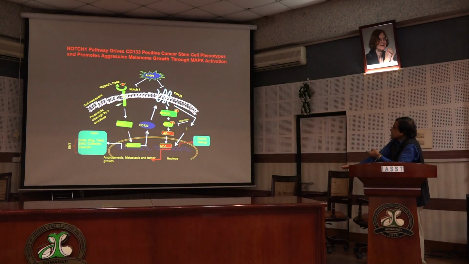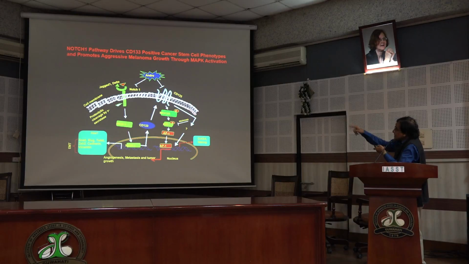So basically, as I have shown you, a specific ligand called JAGGED1 or Delta binds with the Notch1 receptor, which generates the activated Notch called NICD1 through the gamma secretase enzyme, and this NICD1 transcriptionally regulates CD133 expression.